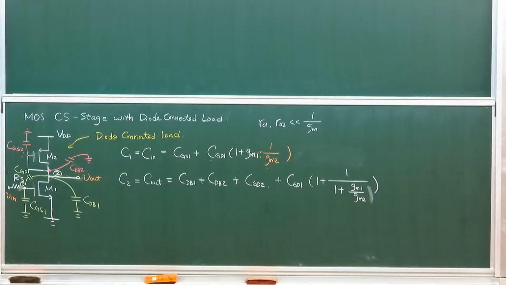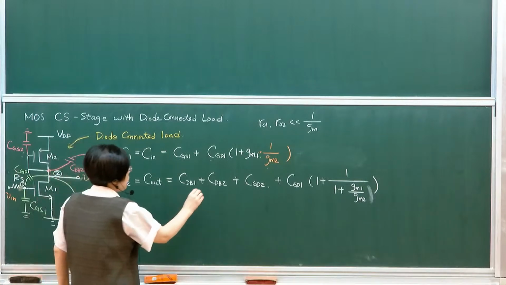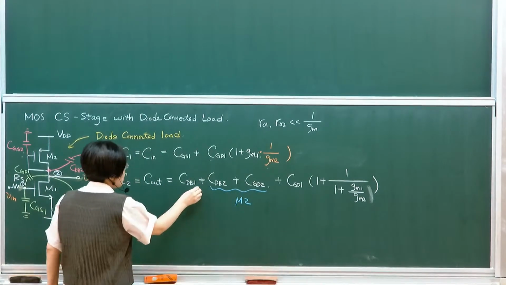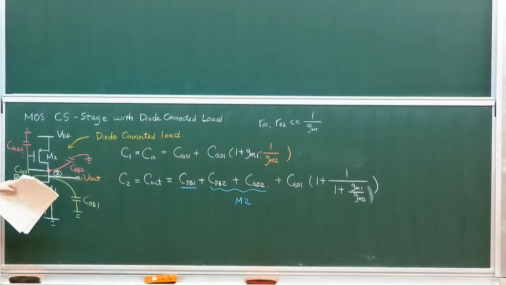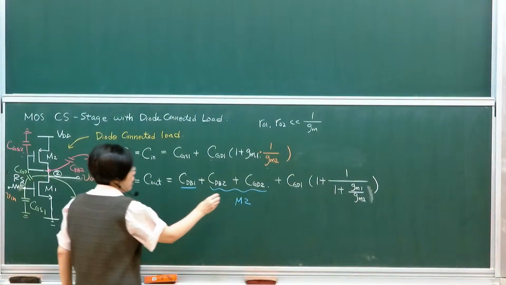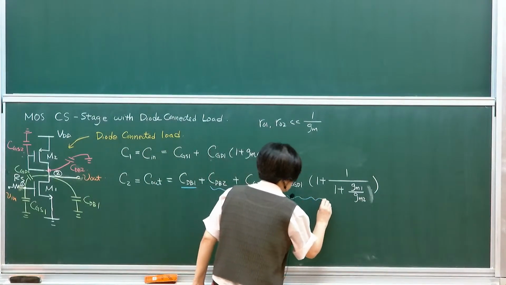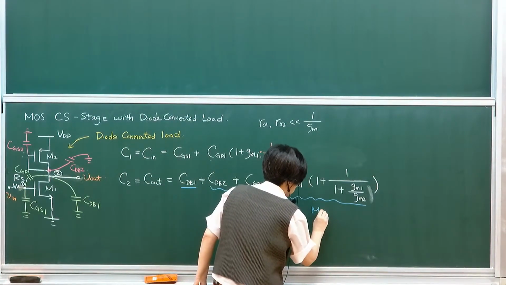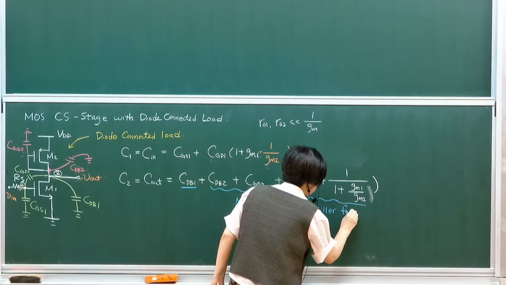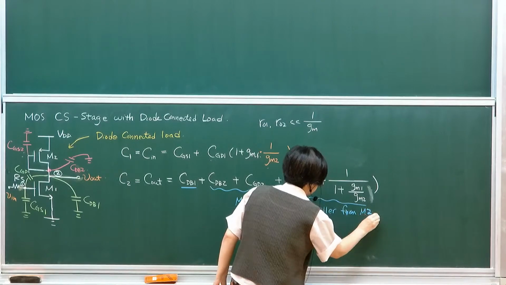Let me explain. These are coming from M2. This is the parasitic from the output terminal, the same as our previous case: CDB, the drain junction capacitance. And then this is Miller, feed-forward from M1.